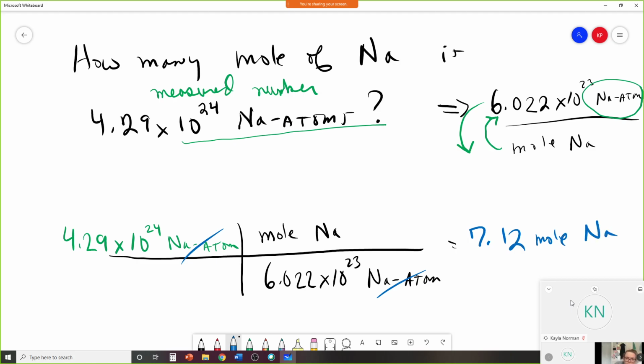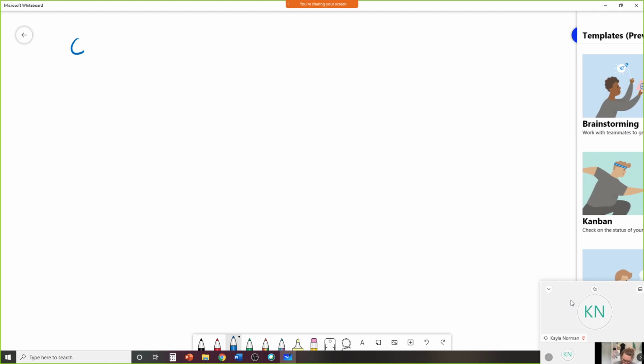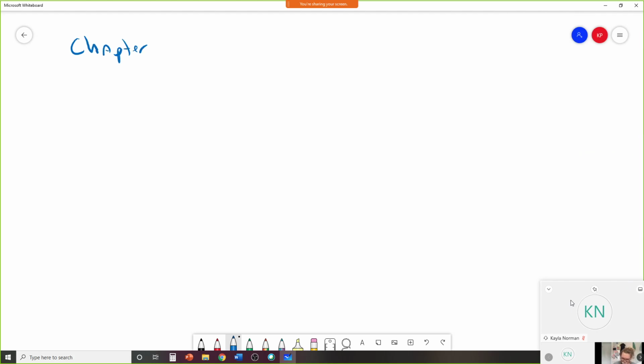So it just has to make it into the calculator at this point after you do the setup. All right, so what do we have so far? We have essential skills that we always have to do. So far, what do we have for chapter 3? We have reaction types. You need to do that on your own. There's like 5 of them or something like that. We have balancing equations.